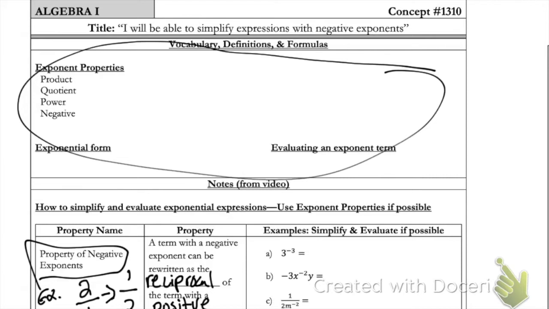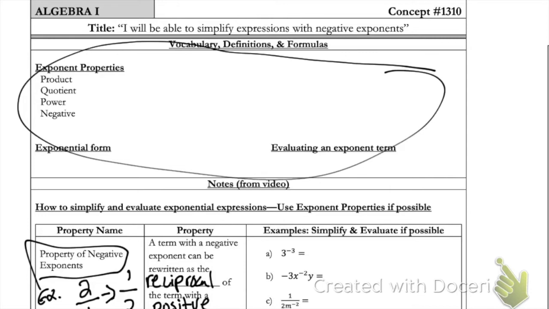Okay? All right, so let's work out some problems that deal with negative exponents. In math, we don't ever want to leave answers in negative exponents. So our goal is to always write terms in positive exponents.